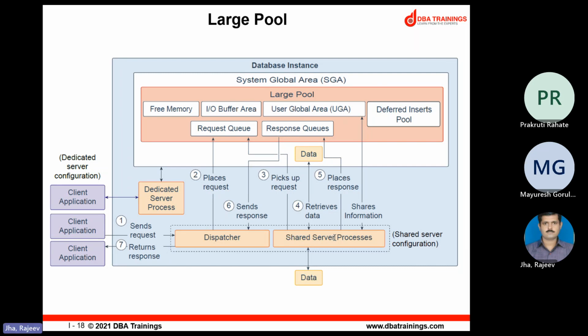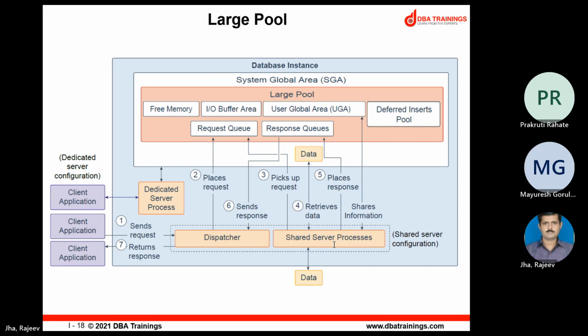First, the shared server process accesses your library cache. Do you remember we talked about it within the SGA? They will go to the library cache, and from there check whether this query has been executed by someone or not. So the shared server process accesses the library cache in the shared pool to verify whether the requested item is available or not. Got it? Whether they have the correct privilege or not.